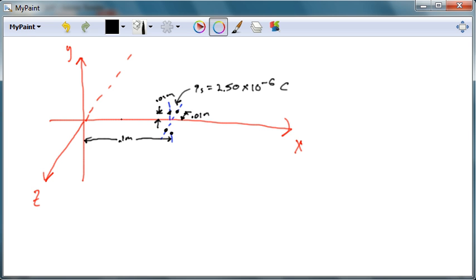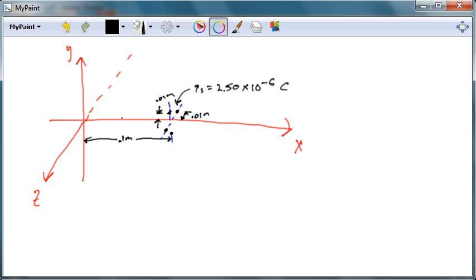So those two forces will cancel each other out, and likewise for the two charged particles above and below the x-axis in my diagram, toward the top and the bottom of the page.